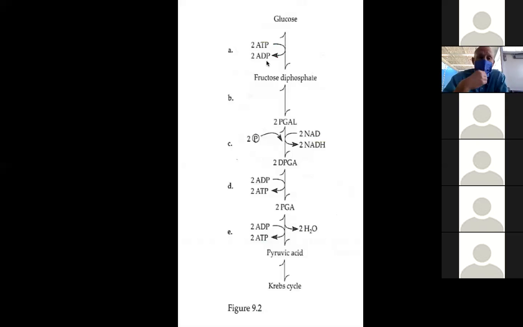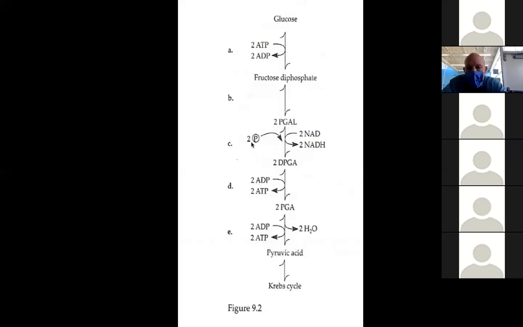Now in B, they'll ask you on the test, where does fructose break into 2? And you might say, I don't know. Well, look right here. You put a 2 in front of this molecule, there's 2 of these PGALs. The name doesn't matter, but it's phosphoglyceraldehyde. But there's 2 of them. Now, Daniel, you bring up a good point.